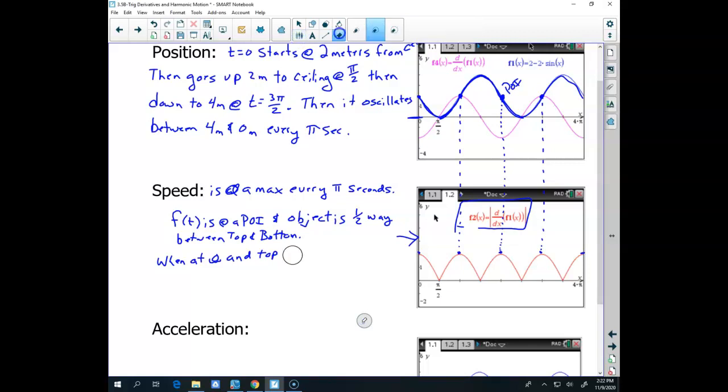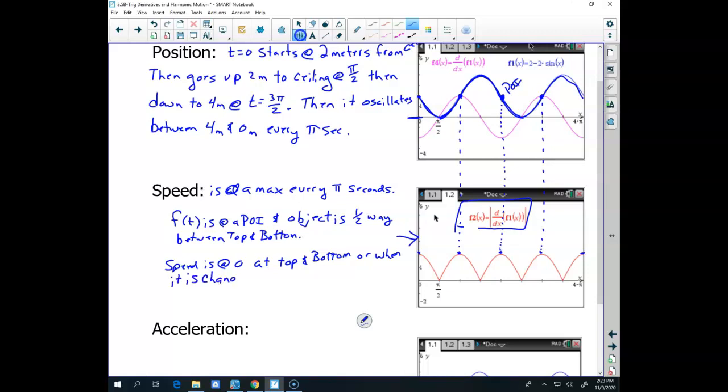Hold on, let me write this. So let's say my speed is at 0 at top and bottom, or when it's changing direction.